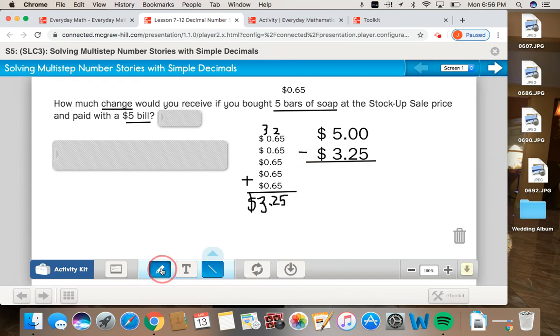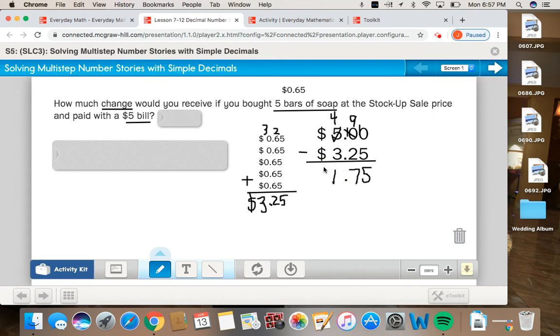So let's put in my decimal point. And I know I can't take 5 from 0 and I can't regroup. So I need to go over here to my whole dollars and I'm going to do some regrouping. And now I'm going to subtract 10 minus 5 and I get 5. 9 minus 2, I get 7. 4 minus 3, I get 1.